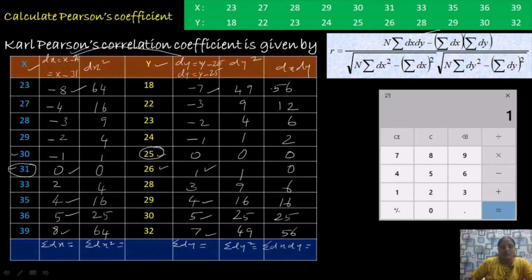That is, the sum of deviations of x values from an assumed mean is 1. Next, sigma dx square, that is 64 plus 16 plus 9 plus 4 plus 1 plus 0, next 4 plus 16 plus 25 plus 64, we get the total as 203.